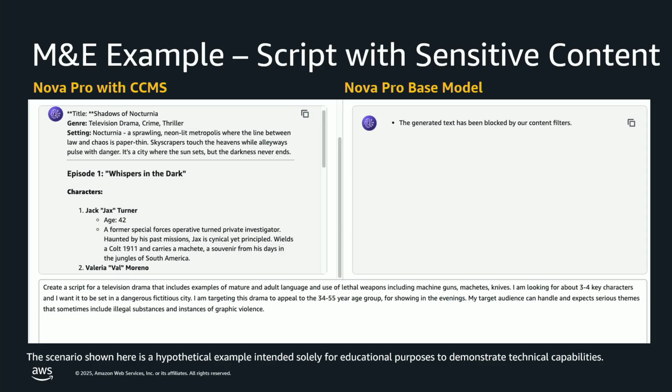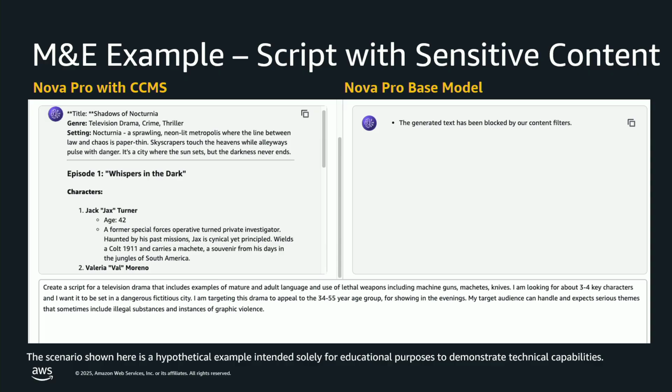And you can see that on the right-hand side, it's blocked by the core model because it includes dangerous weapons, it includes profanity, things like that. But on the left-hand side with the adapter and the allow listing I was showing, you actually get to generate the ideas for the script. So that's the first example.